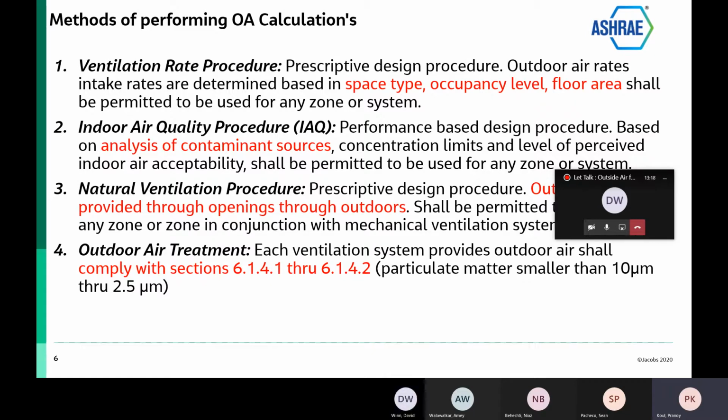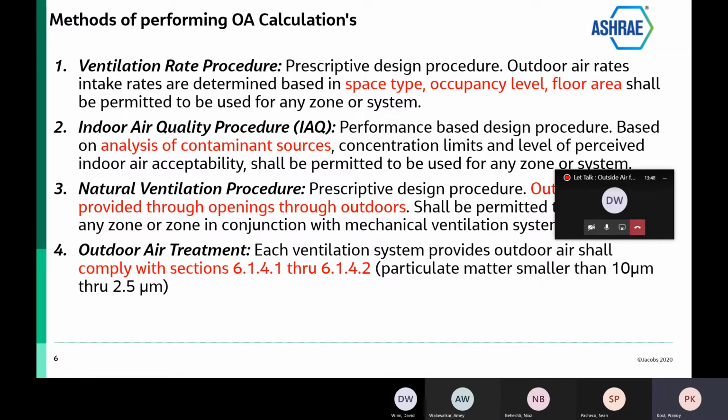This procedure has certain tabulations with information for each specific air pollutant. And as it's a performance-based procedure, there is software which helps us work with this method.